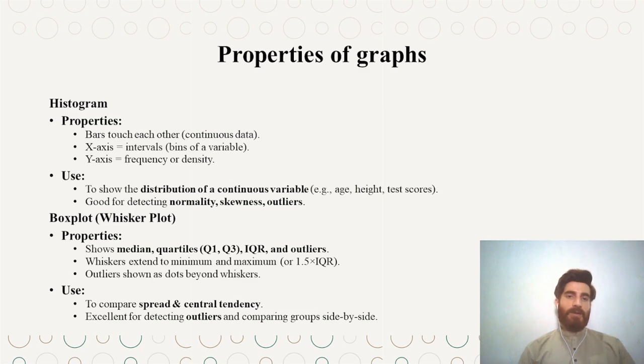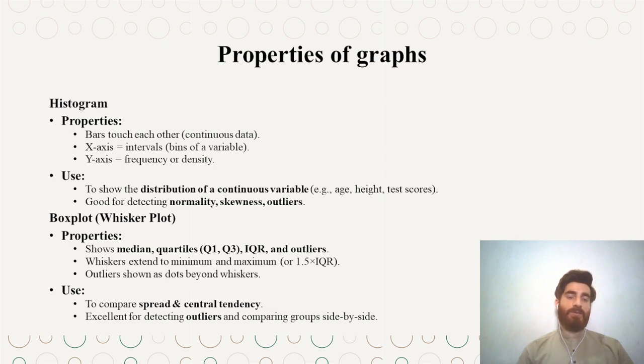So what are the properties of these graphs discussed above? Histogram. A histogram is a graph with bars which touch each other. On the x-axis there are intervals because it is used for continuous variables.